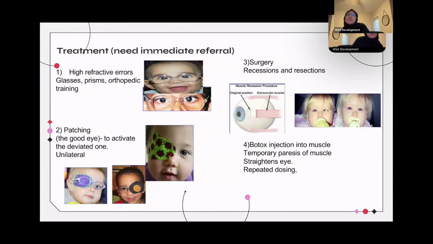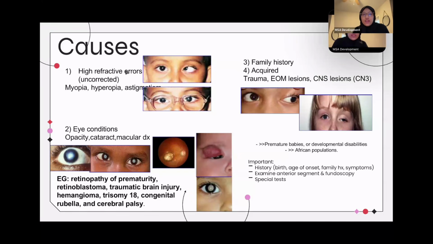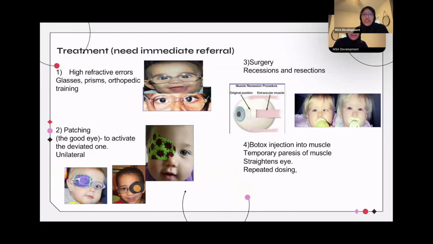Okay. What is the treatment? You need immediate referral if the strabismus is in a child, because you want to prevent lazy eye from happening. For strabismus, if it's a high refractive error, they will wear glasses, like me and other people.